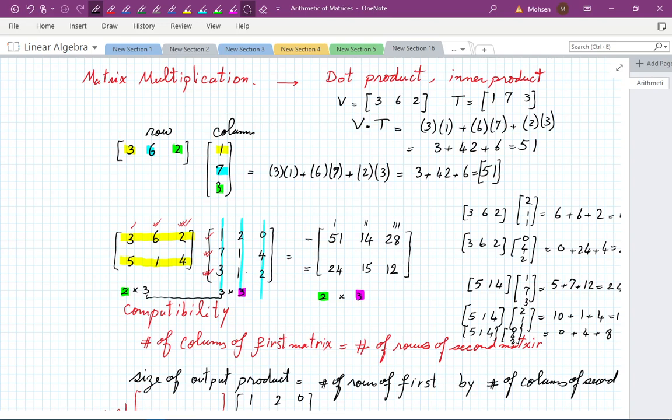We'll be able to handle it quickly and move on. So as of this point, we had the long list of dot products. For the dot product to work, the length of this row vector and the length of this column vector had to be the same. So that meant the number of columns of the first and rows of the second had to be the same for multiplication to work. So that was our compatibility.